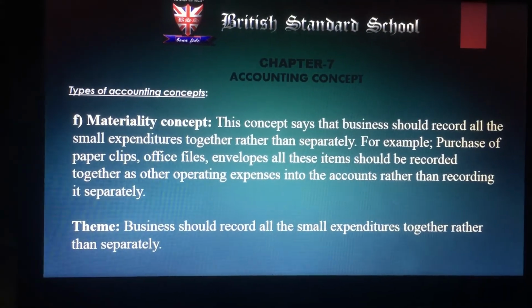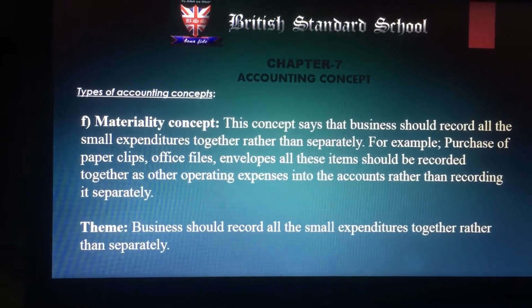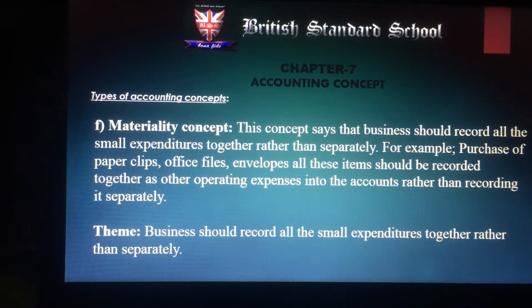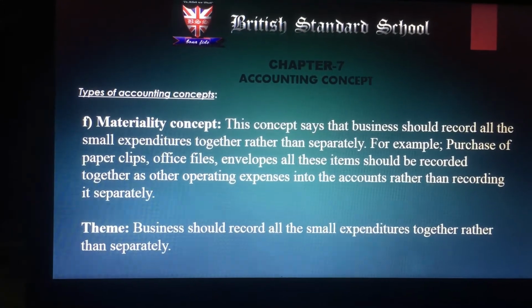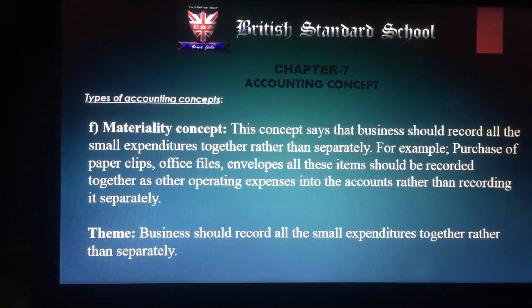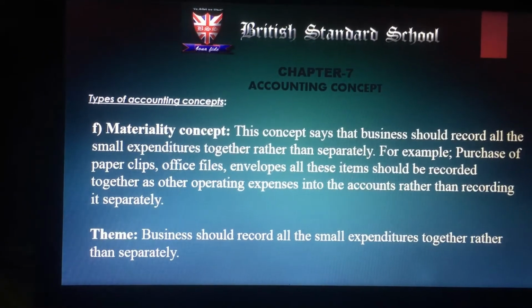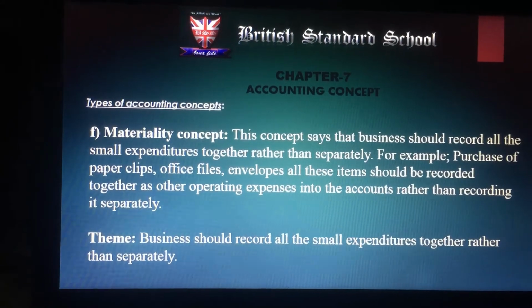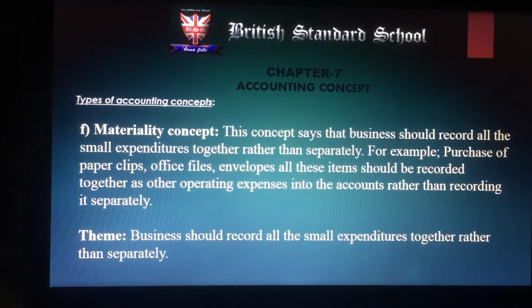If you record them one by one, and mention the name of everything, it would be difficult to create the trial balance or accounting records, because for every single item you need to keep a record in ledger accounts, so that would be very difficult.